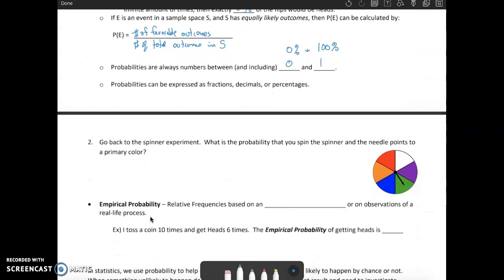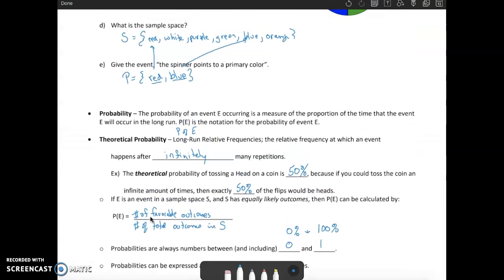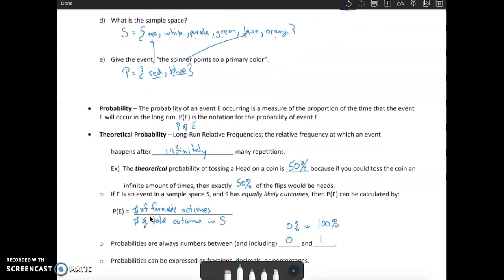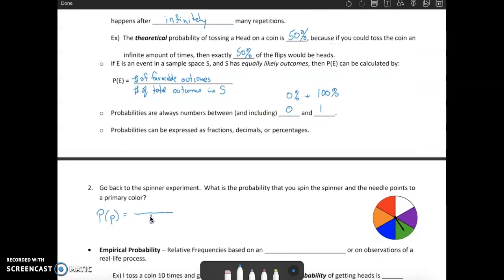Let's go back to the spinner experiment. It says, what is the probability that you spin the spinner and the needle points to a primary color? So in this case, I'd be finding the probability of, and this looks a little bit weird because I named that P, so the probability of a primary color. Notice in the denominator, we're supposed to put the number of total outcomes in S. So if you remember from above, there were 1, 2, 3, 4, 5, 6 total outcomes in the sample space.